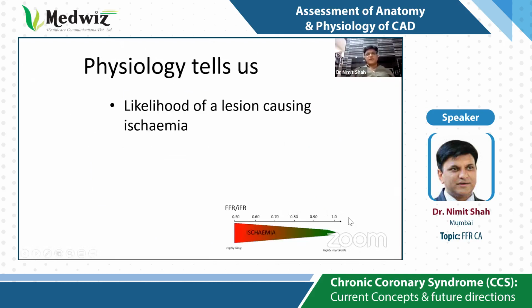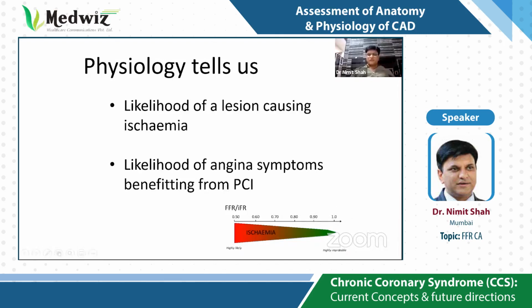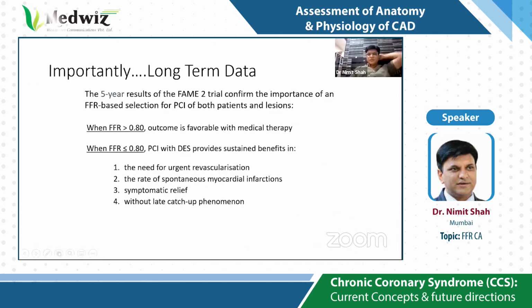So what the physiology tells us: likelihood of a lesion causing ischemia, likelihood of angina benefiting from PCI. Long term, do we have long-term data on that? Yes. The 5-year result of the FAME 2 trial was published a while back, which confirmed the importance of FFR-based selection. If the FFR was less than 0.8, the outcome was favorable; if more than 0.8, medical therapy was better.